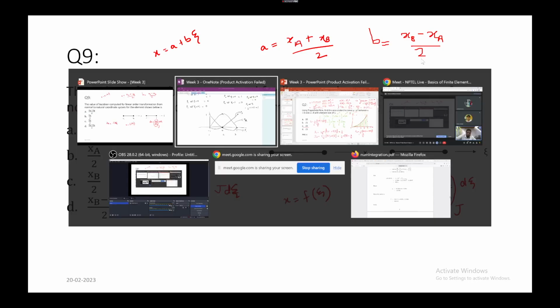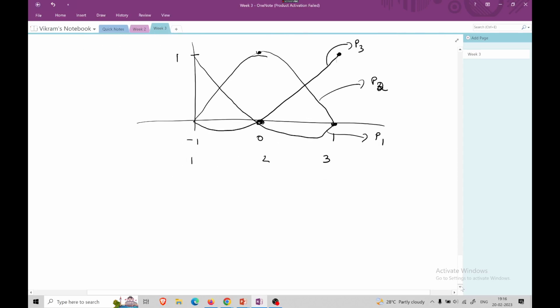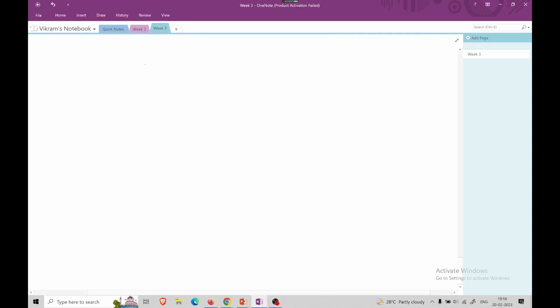I'll go to the notes, that is easier to write. So basically I have a transformation from the normal coordinate system to the natural coordinate system, x to zeta. We saw that x is equal to a plus b times zeta.